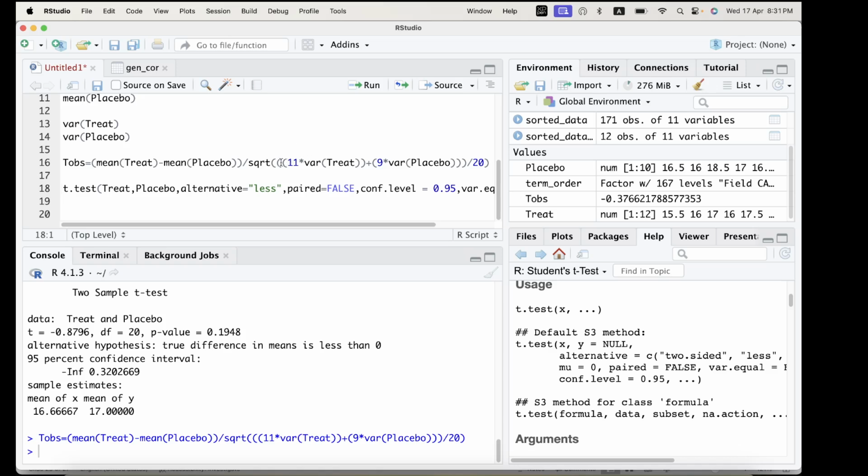And here I think I made some errors in the brackets. Something is wrong over here. You can run your program. This will definitely be 20.